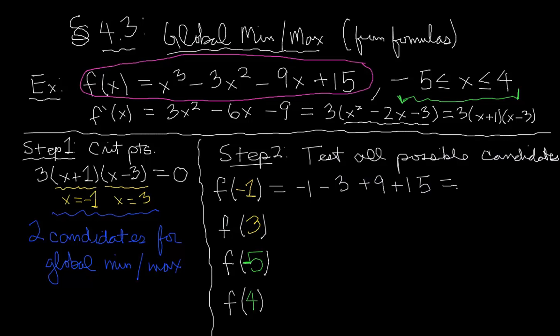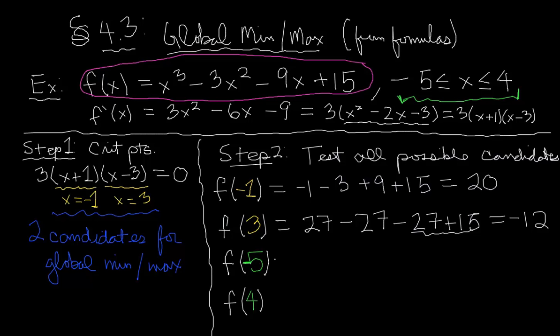So f of -1: -1 cubed is -1, -1 squared is 1, so -3, plus 9, plus 15. That's -1 minus 3, that's -4, plus 9, that's 5, plus 15, that's 20. Let's go to 3. 3 cubed is 27, then 3 squared times 3 is 3 cubed again, so minus 27. Then 9 times 3 is 27 again, plus 15. That gives us minus 27 plus 15, which is -12.